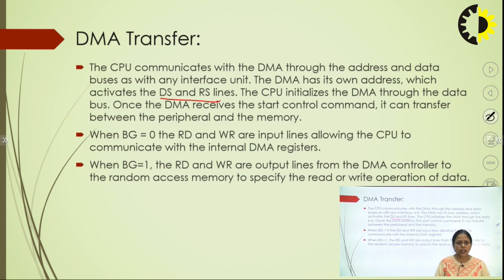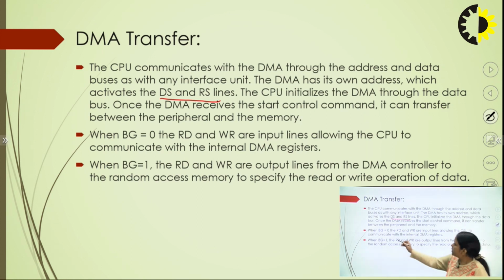The CPU initializes the DMA through the data bus. Once the DMA receives the start control signal, it can transfer between the peripheral and memory. Okay. So, there is a process of DMA initialization before the DMA transfer. When the DMA initialization is completed, then the bus grant signal will be sent by the CPU to the DMA controller.